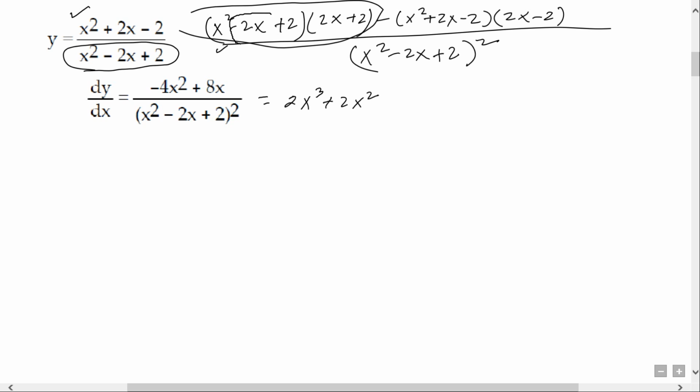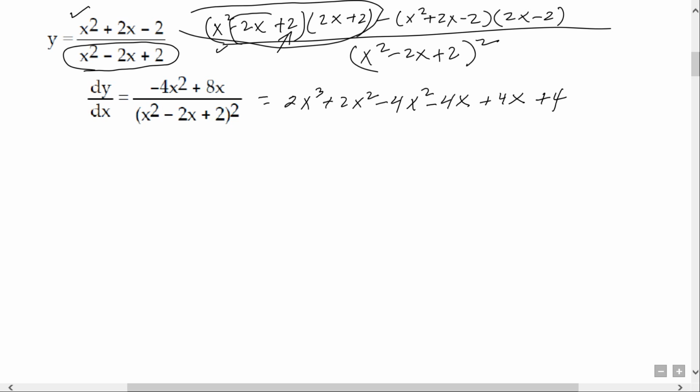Taking care of the minus 2x times the 2x, we get minus 4x squared. And minus 2x times the 2 gives us minus 4x. And now we'll take care of the 2. 2 times the 2x gives us plus 4x, and then the 2 times the 2 gives us 4.